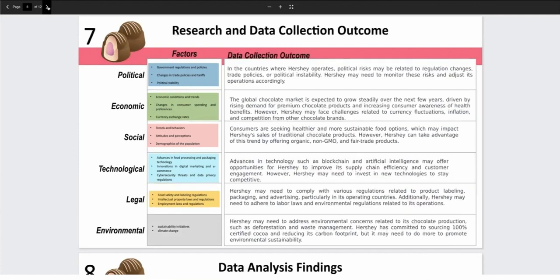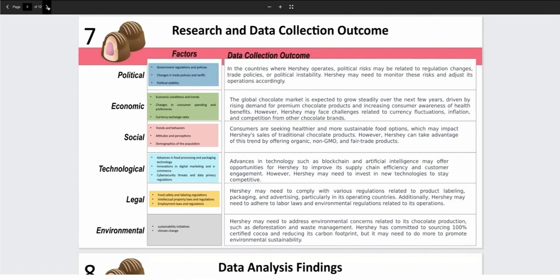Then, when we look into the next step for the PESTEL analysis, you need to have, again, a research and data collection outcome. Here, for example, the data collection outcome for the political branch and factors such as government regulations and policies is that in the countries where Hershey operates, political risks may be related to regulation changes, trade policies or political instability.